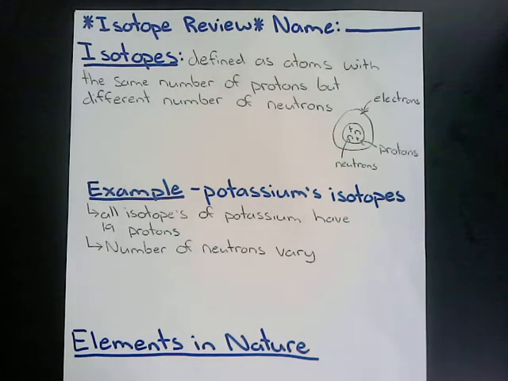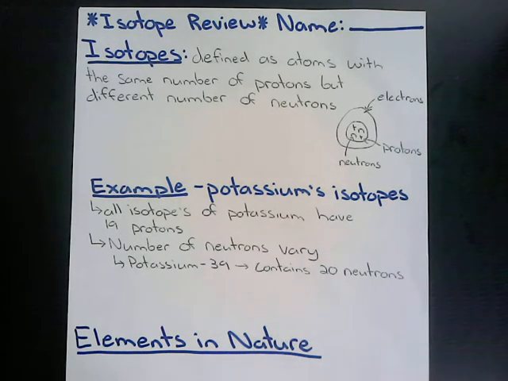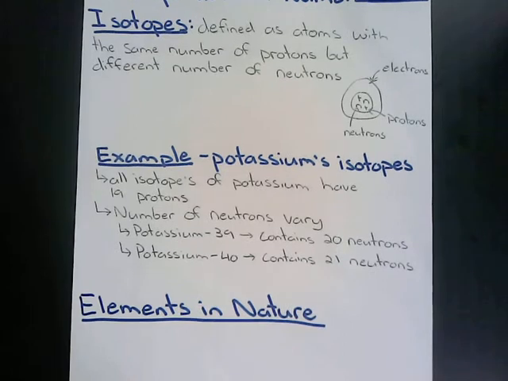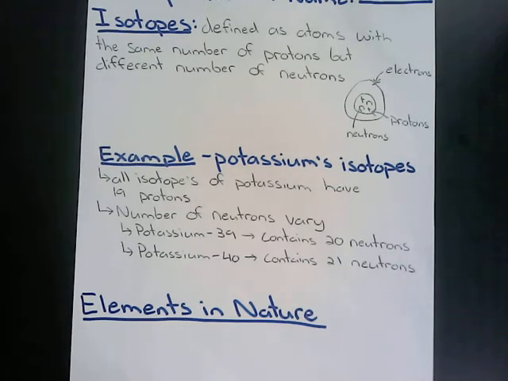One isotope of potassium is potassium 39, which contains 20 neutrons. A second isotope, potassium 40, contains 21 neutrons. And the third isotope, potassium 41, contains 22 neutrons.